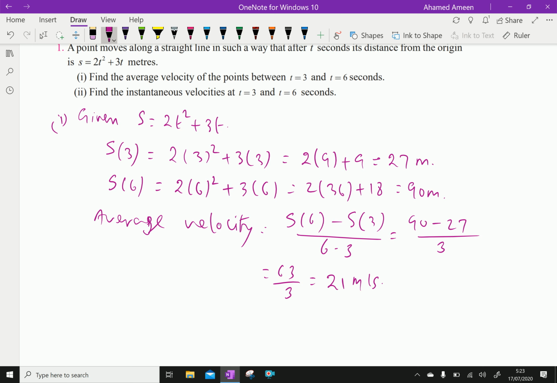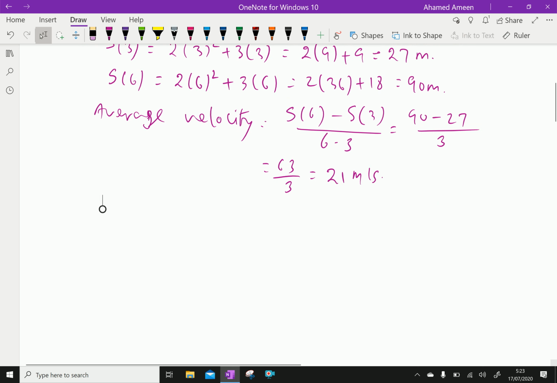The second part: find the instantaneous velocity at t equal to 3 and t equal to 6 seconds.